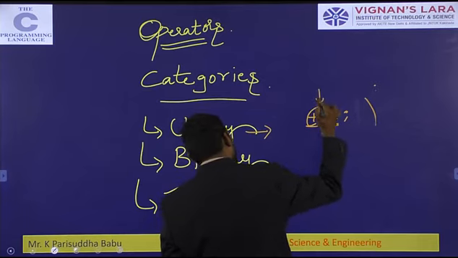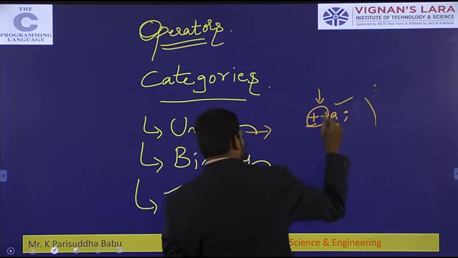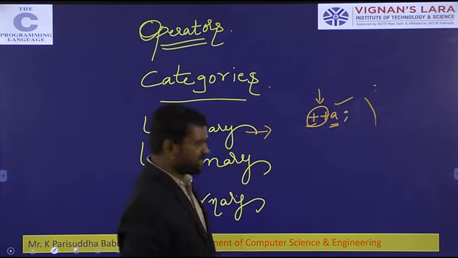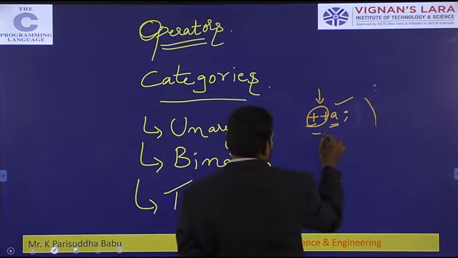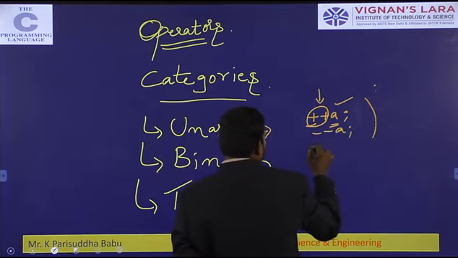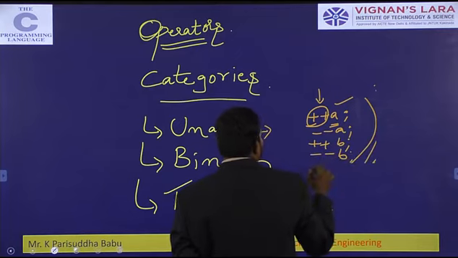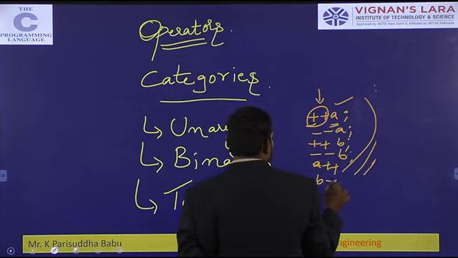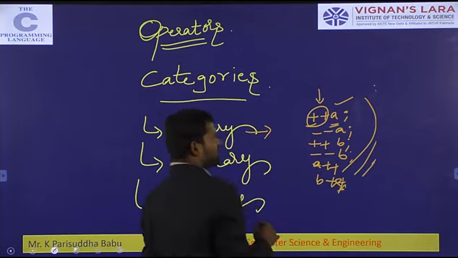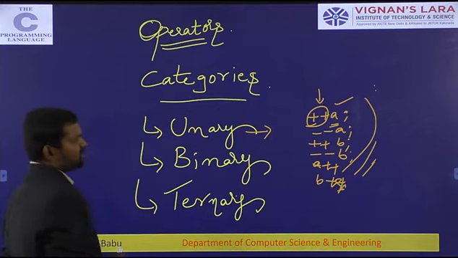So only one operator performing on only one operand is called a unary operator. Plus plus a, minus minus a, plus plus b, minus minus b, and likewise many kinds of operators are there.